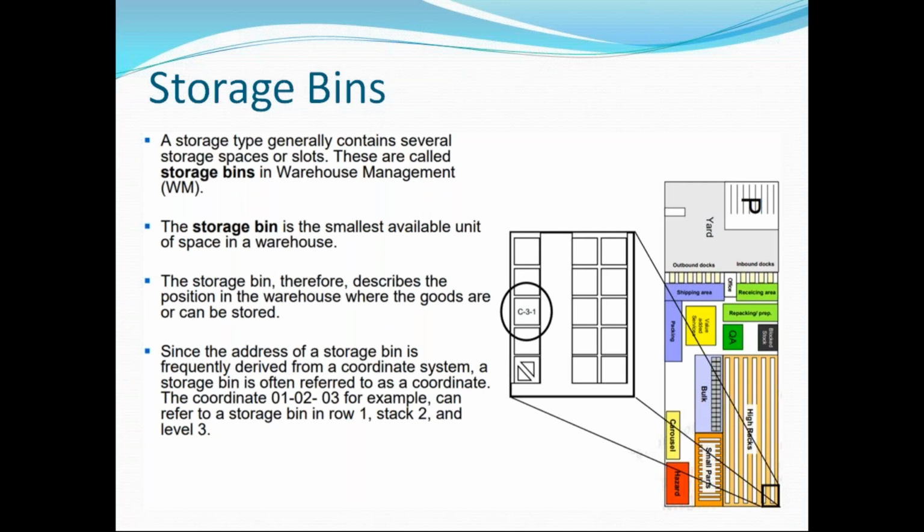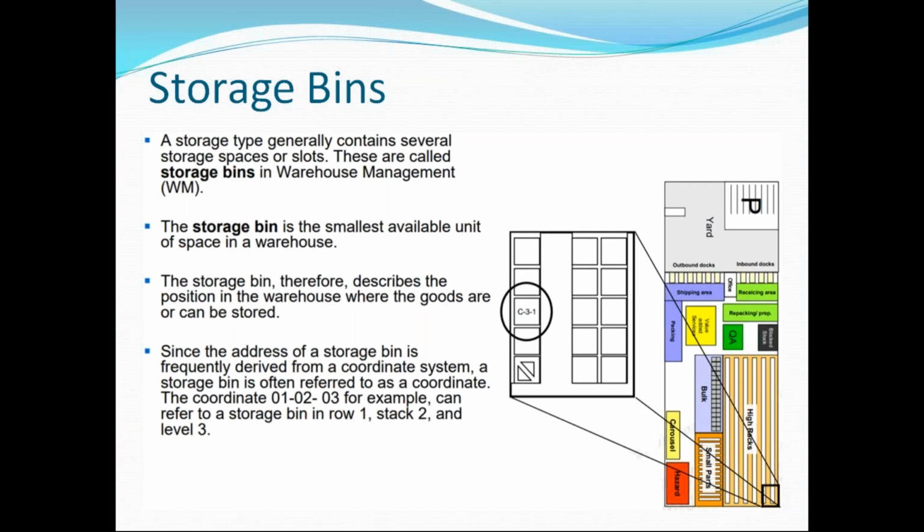The coordinate 01, 02, 03, for example, can refer to a storage bin in row 1, stack 2, and level 3. So the storage bin is nothing but the actual area where the material is placed in a warehouse, the smallest available unit of space, so that we can keep the material in a particular storage type.